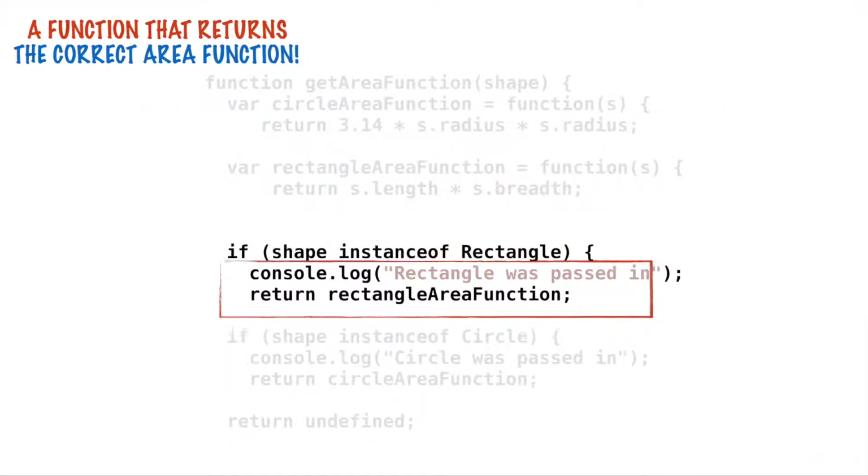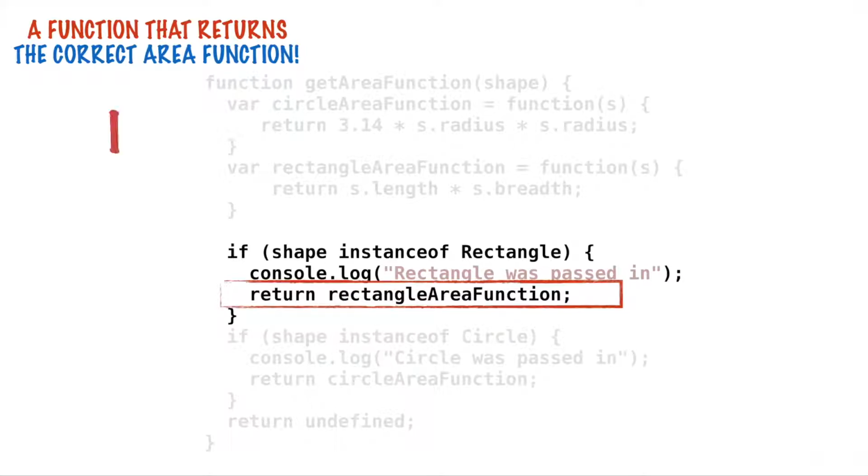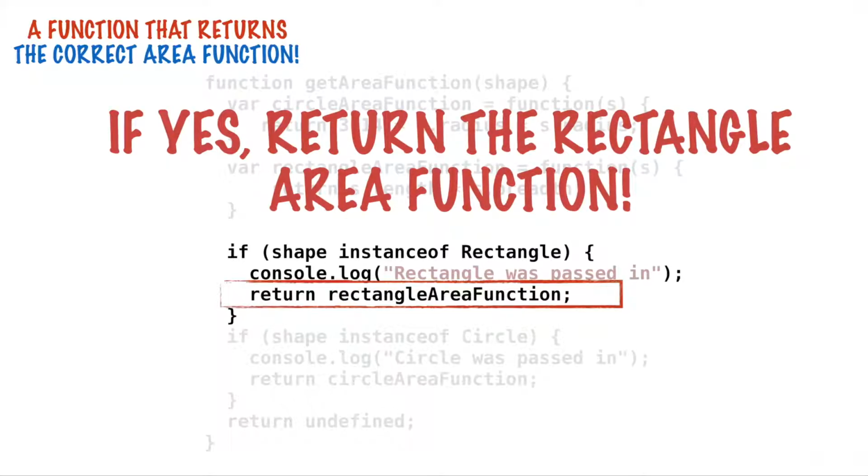So if shape is an instance of rectangle, we return the correct area function for a rectangle. That's the correct area function to use for a rectangle.